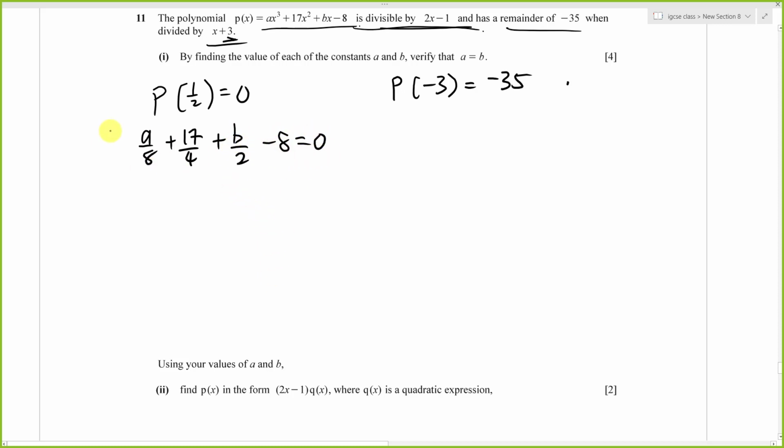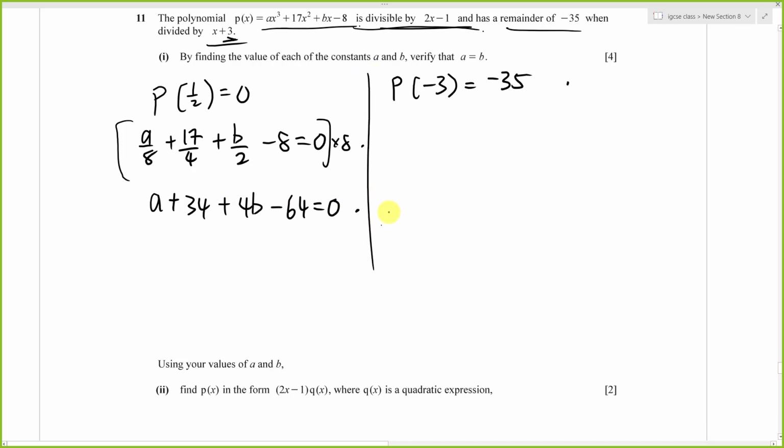This kind of equation, normally I will multiply by 8 for the whole equation. Alright, so a plus 34 plus 4b minus 64 equals 0. I'll just leave it like this first. Maybe I can make a the subject if I want, but I just leave it like this first.